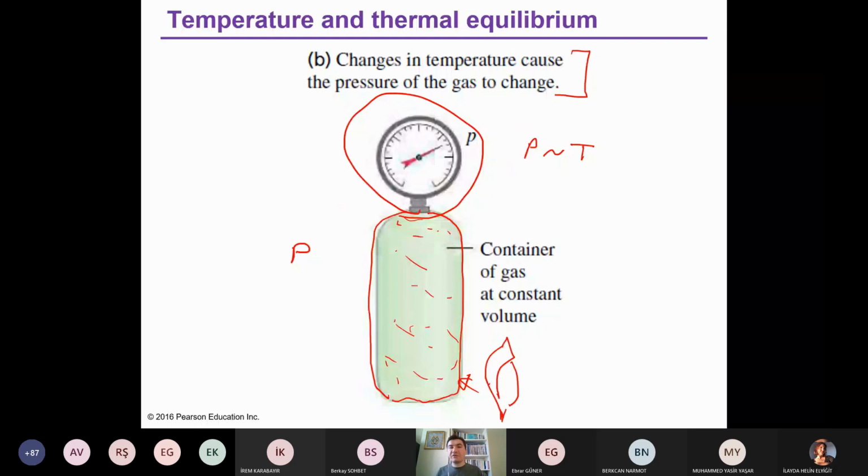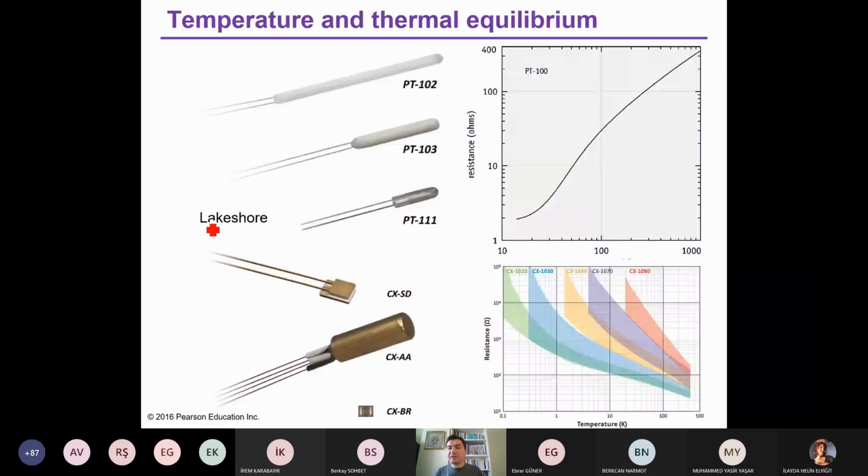And we have very common thermometers used in industry, used in engineering, and also used for scientific purposes. Here we have platinum thermometers, and here we have Cernox thermometers. This upper part belongs to the platinum thermometers.